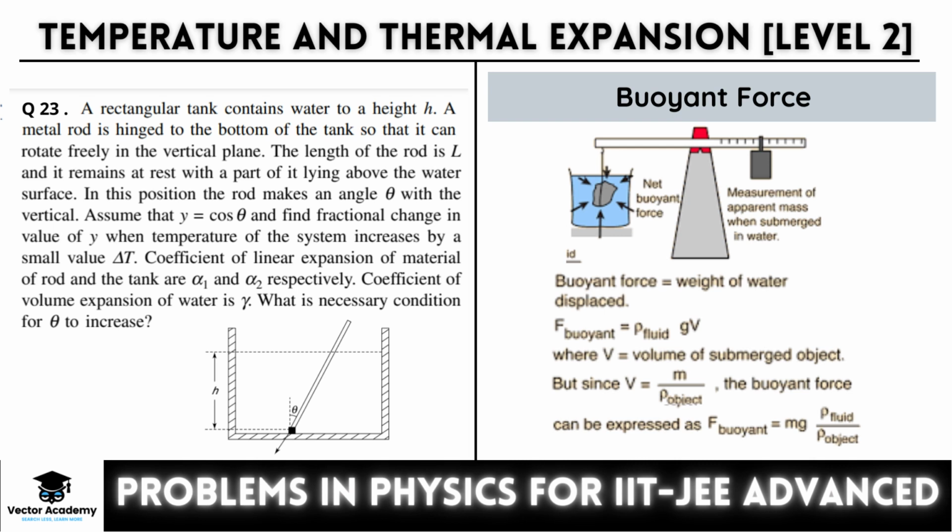Buoyant force equals density of fluid multiplied by gravity g multiplied by volume of submerged object V. But since volume of submerged object V equals mass of submerged object divided by density of object, we can express buoyant force equals mg rho fluid upon rho object.